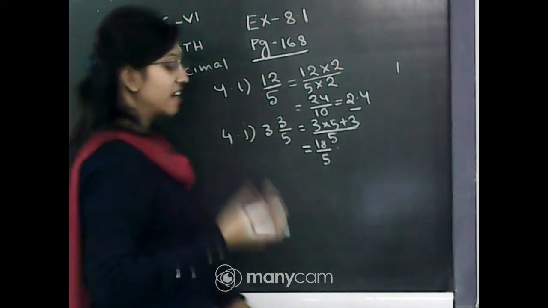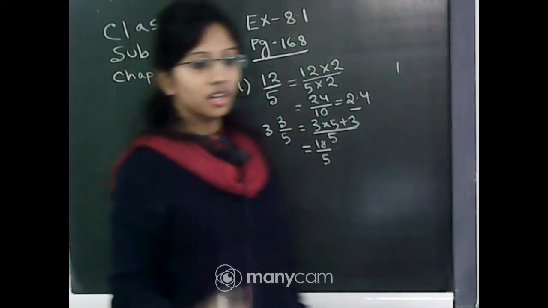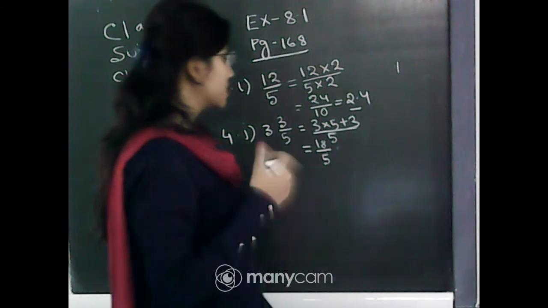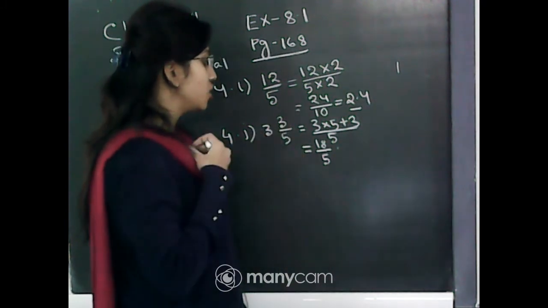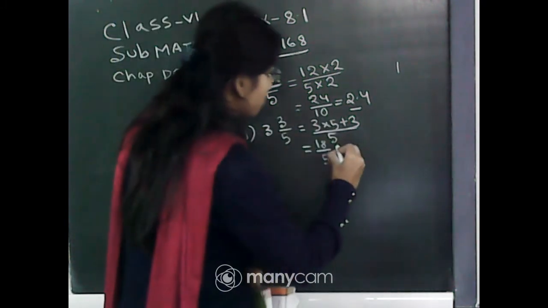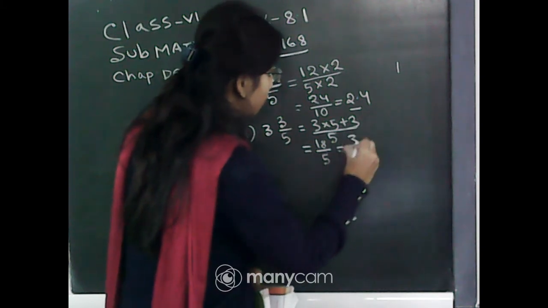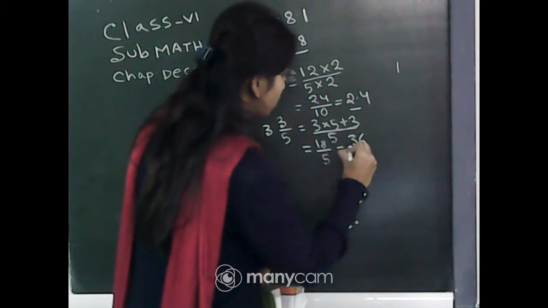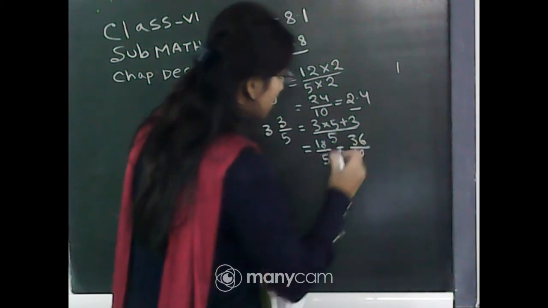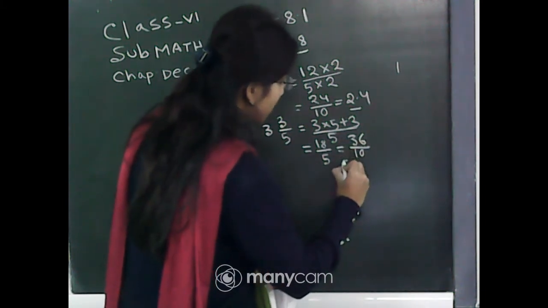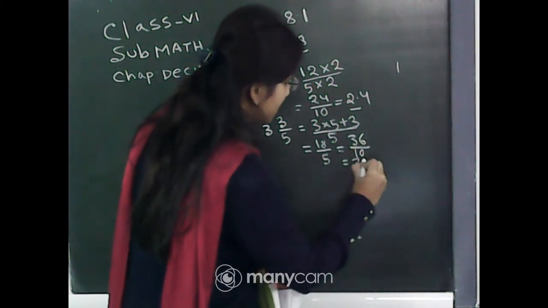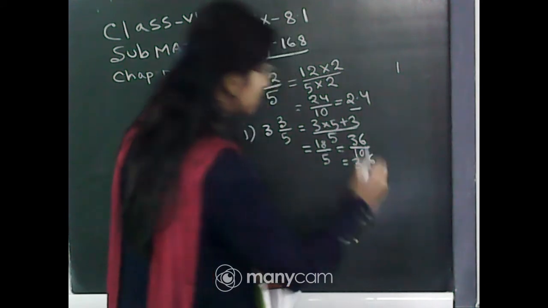Now, for writing decimal notation, the denominator should be 10. Therefore, to make the denominator 10, we multiply both the numerator and the denominator by 2 and we get 36 divided by 10. Therefore, the required answer is 3.6.